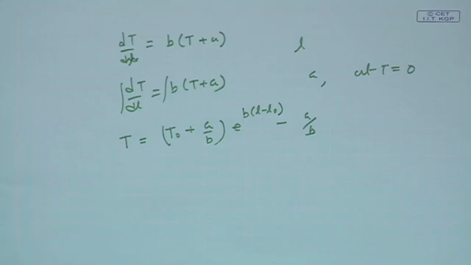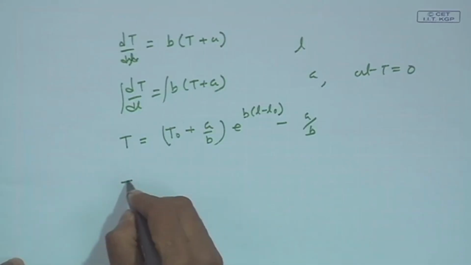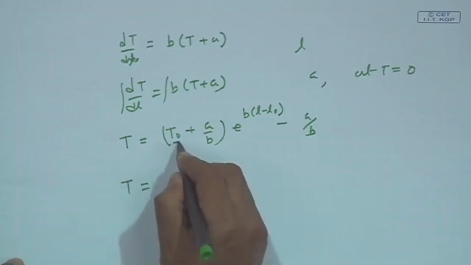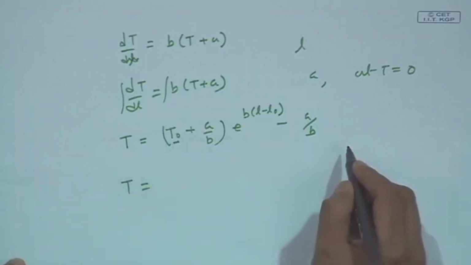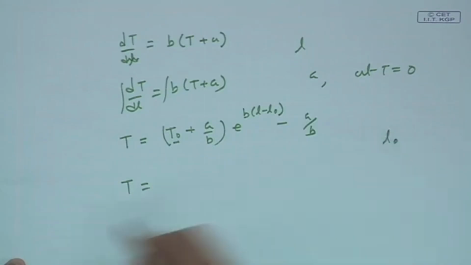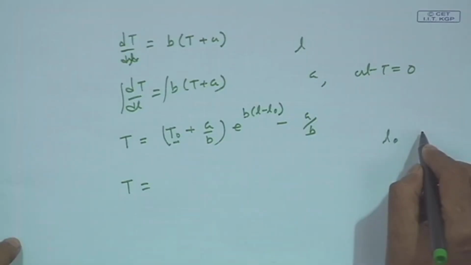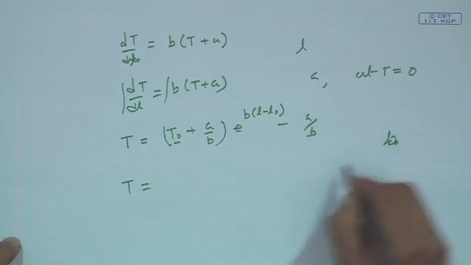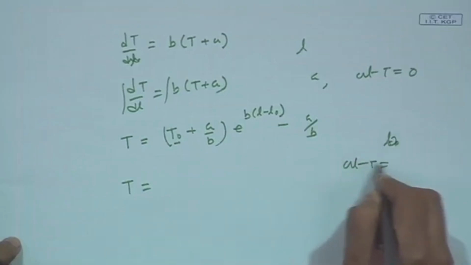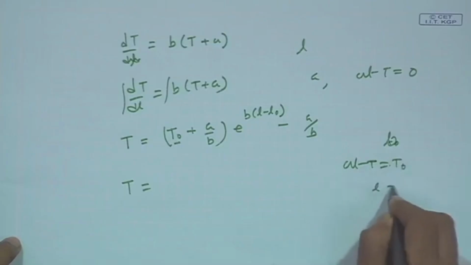Now, if I integrate both sides, T is equal to T0. What is T0? Static tension. What is L0? Static length. So at T equal to T0, L is equal to L0.